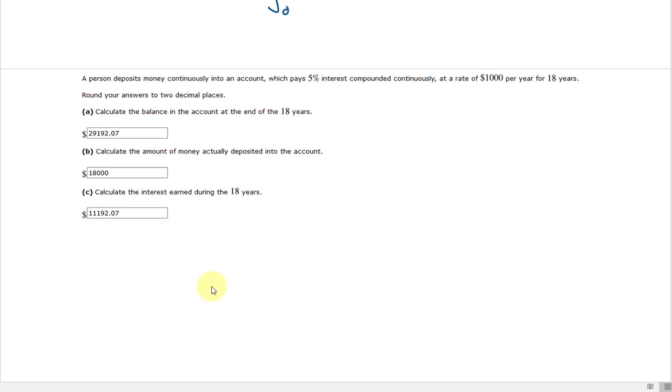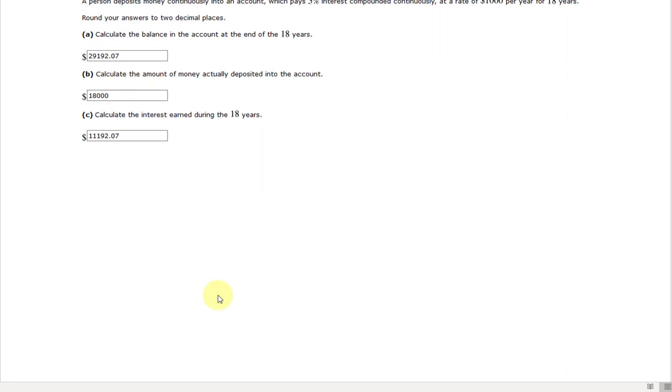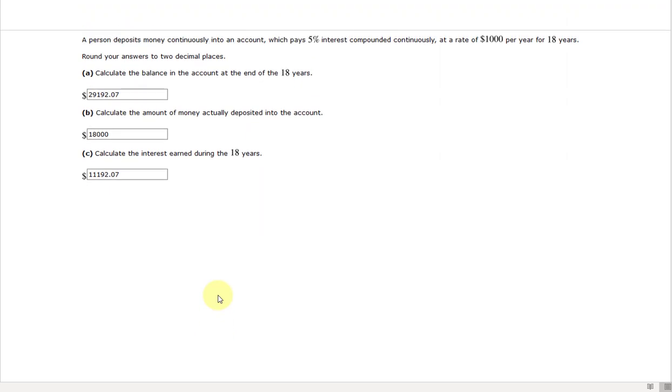Okay, the next problem, 6.5. A person deposits money continuously into an account. So he or she deposits money continuously. So this is the flow of money, the income stream of payments, which pays 5% interest compounded continuously.